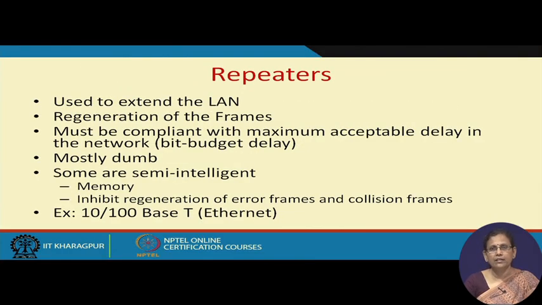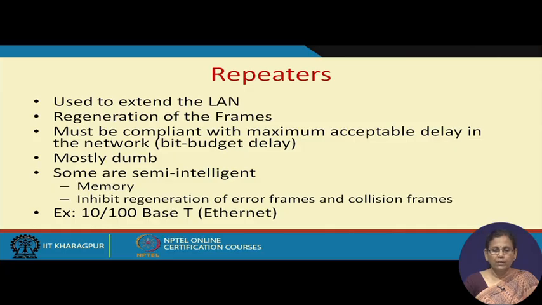Then the other element in the network is your repeater. Repeaters are used to extend the LAN. As we have already discussed, while passing through the media there can be data loss; the packets may be lost, or after all they are signals, so they may be weak or distorted. So repeaters are added within the network, if the distance is large, to regenerate the frame.